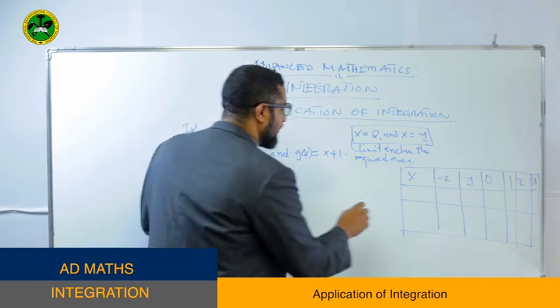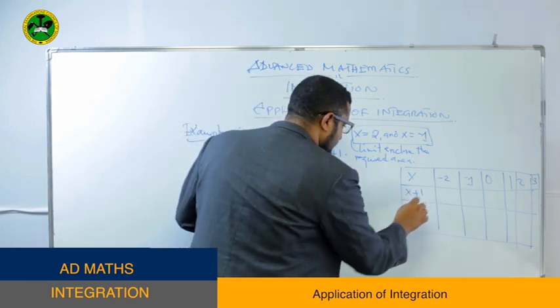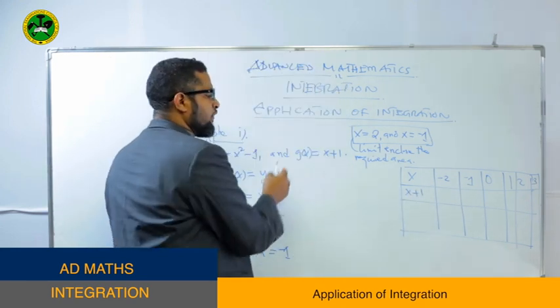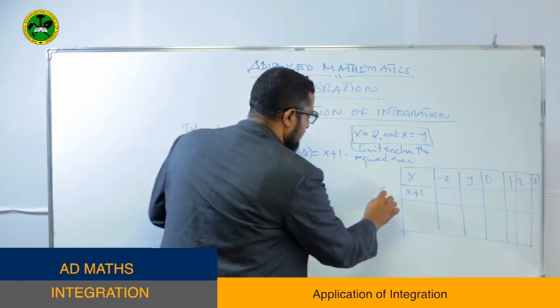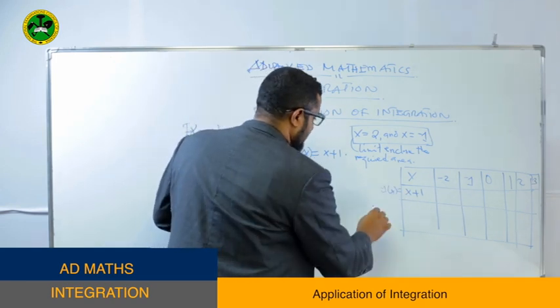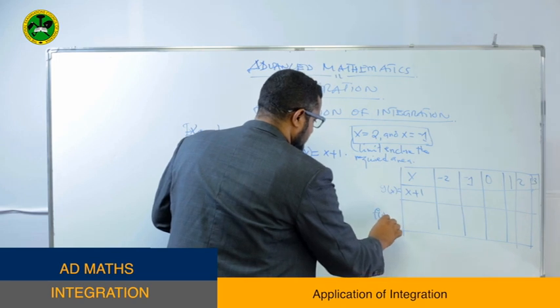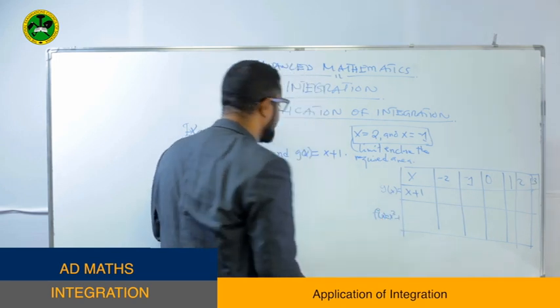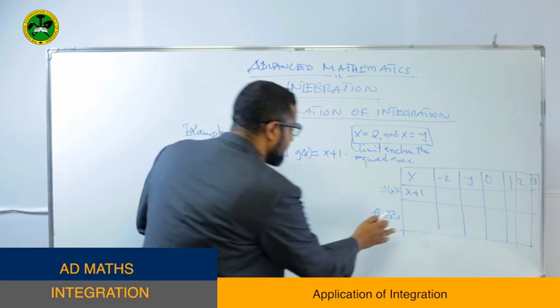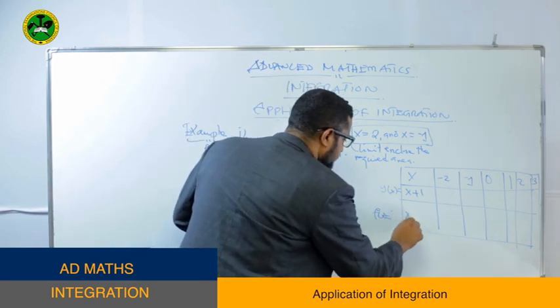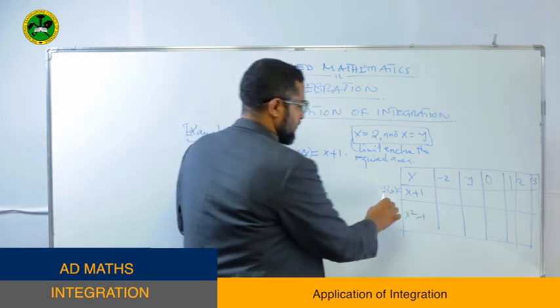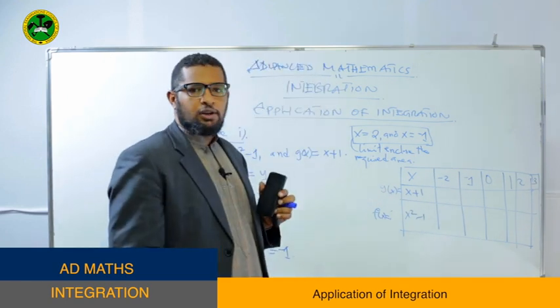Now starting with x plus 1. This is g of x. Then f of x will be equal to x squared minus 1. Now we are starting to plug in the values, filling the x plus 1 row.